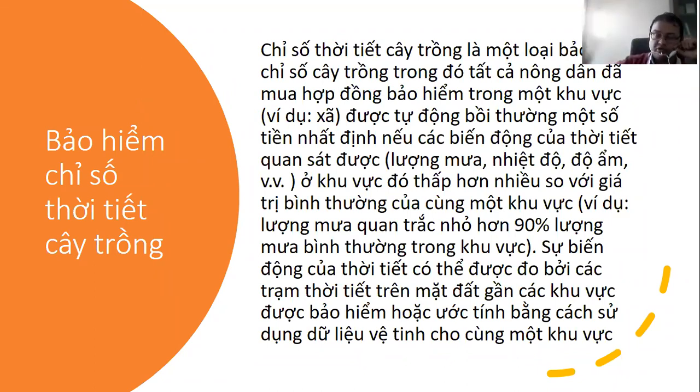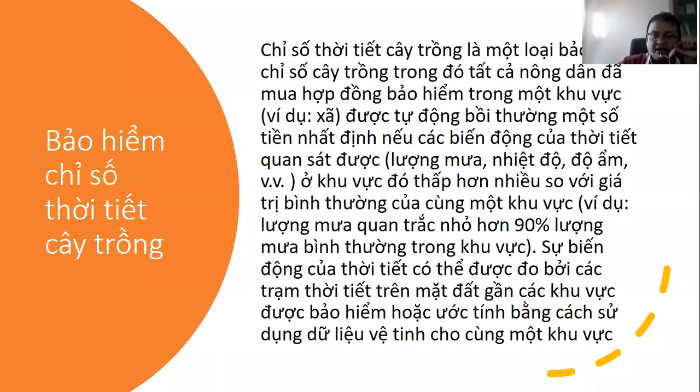That monitoring might happen using weather stations or using satellite data. And then specific bad weather events would be insured. These could be events to do with rainfall, with temperature, with relative humidity, or even combinations of these weather parameters.